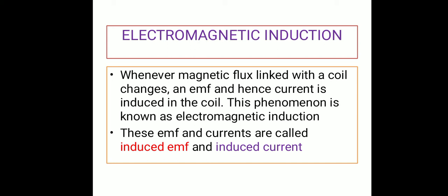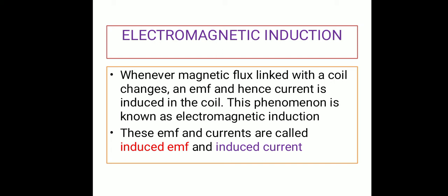These EMF and currents are called induced EMF and induced current. The second law of electromagnetic induction is: the magnitude of the induced EMF is directly proportional to the rate of change of magnetic flux linked with the coil.